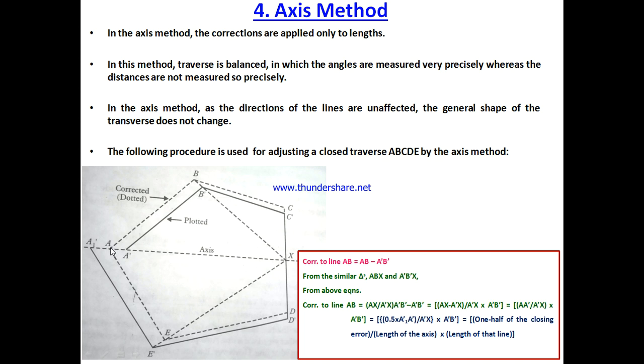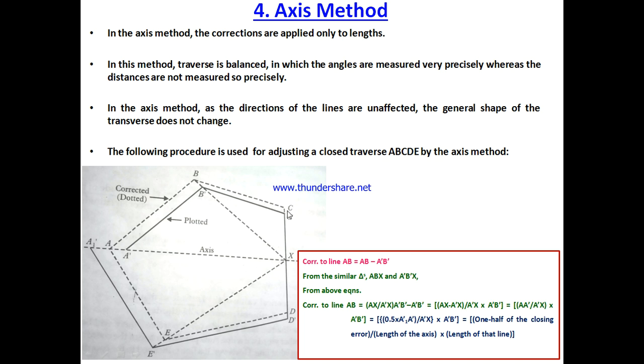Already we have determined three corrected stations, A, B and C. Now we need to determine two more, D and E. First I need to determine the E station, because as you can see, after getting point C, we are getting a line which I have treated as a corrected or common traverse line. This C dash D dash is a common traverse line for the corrected traverse also.